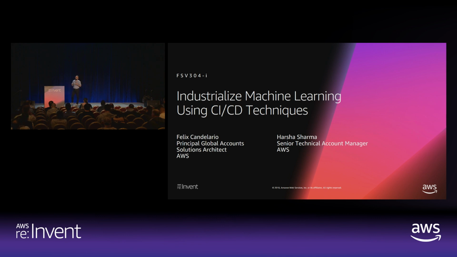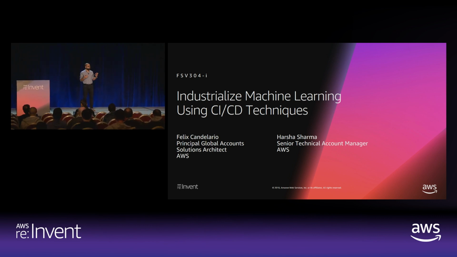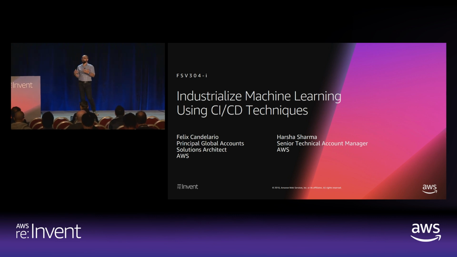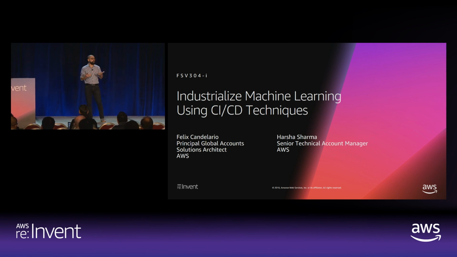My colleague and I, Harsha Sharma, spent maybe the greater part of the last 12 months talking to customers about how to incorporate machine learning into their workflows that support highly regulated workloads. During those conversations, we talked a bit about what the requirements are, and what started to become apparent to us was that there was a need to govern the workflow a little bit differently because of their incorporation of machine learning.